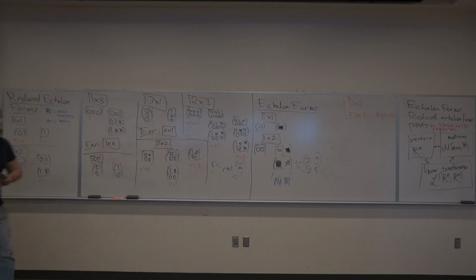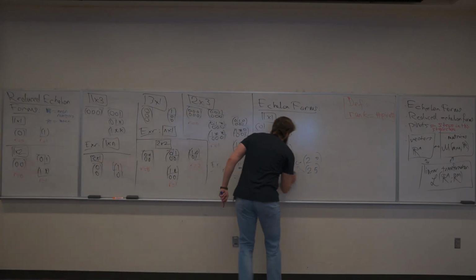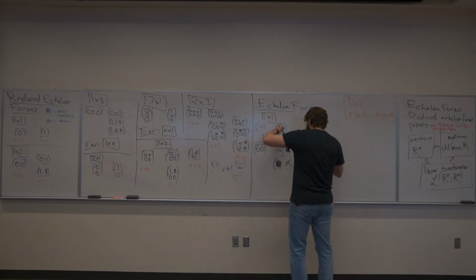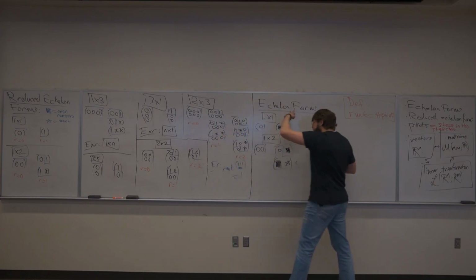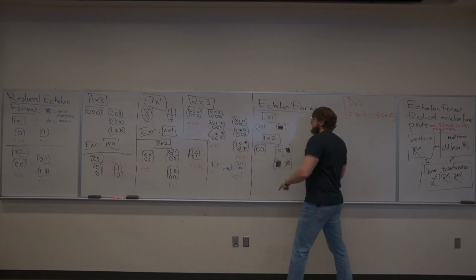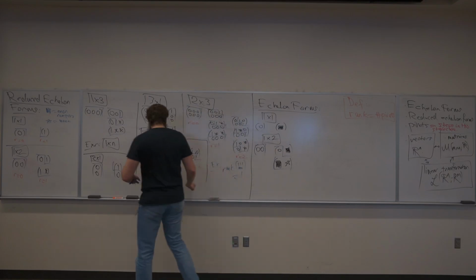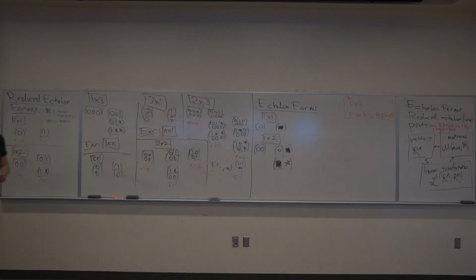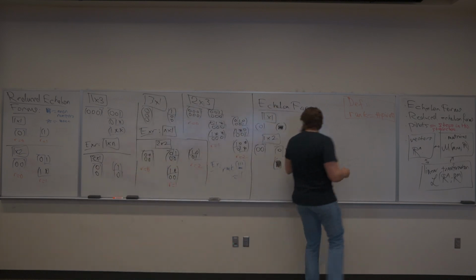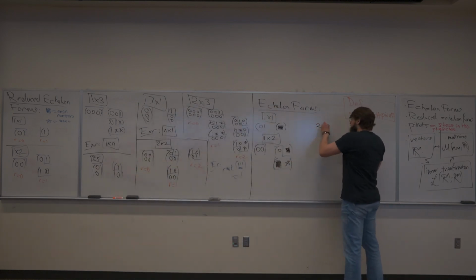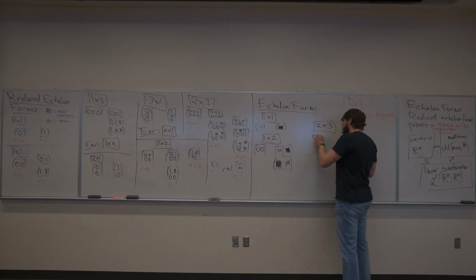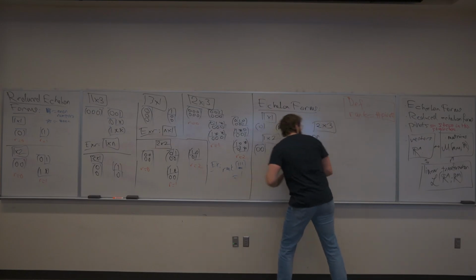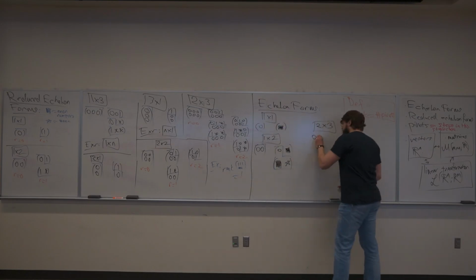I'll do one more. Again, I suggest you think of these echelons as reduced echelon, but more messy. Let's do the complicated one, 2 by 3. So 0, 0, 0, 0, 0, 0. That's 1.